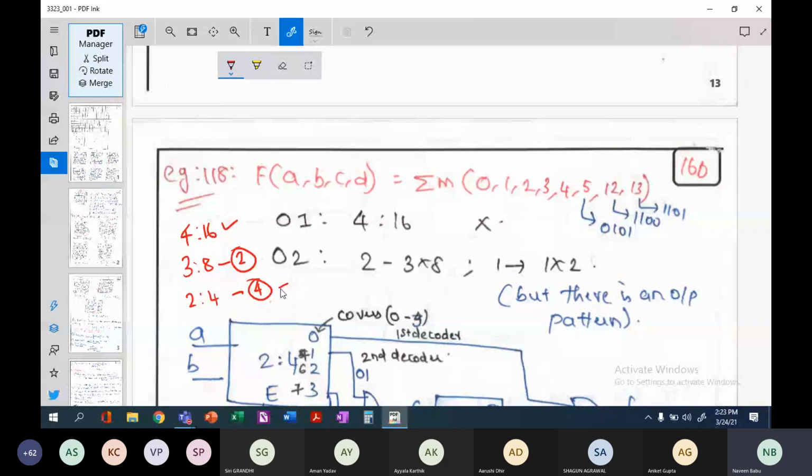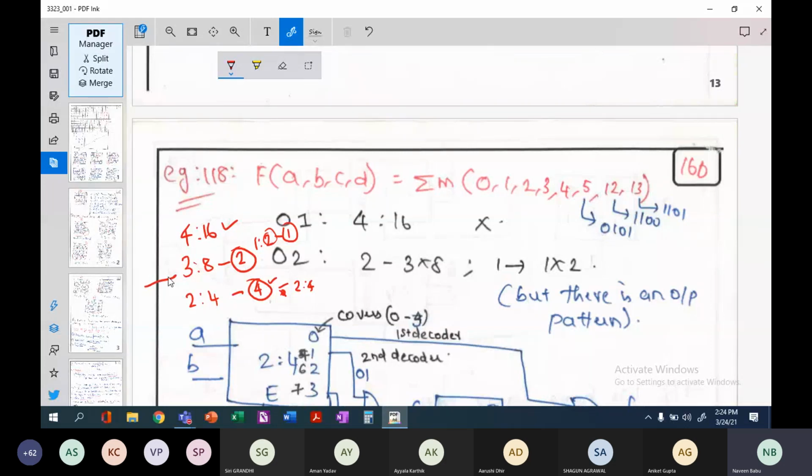Then I will be needing one more 2 cross 4 decoder to select these 4 signals. If I am using 3 cross 8 decoders, I need a 1:2 decoder, because these 2 outputs will be used to select these 2 decoders.